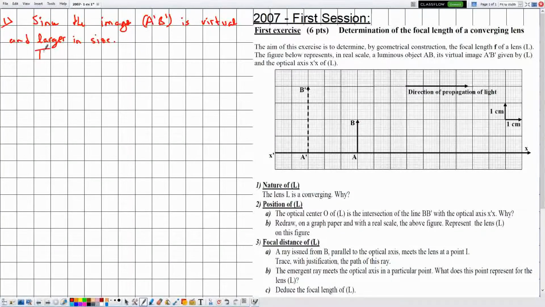Then L plays the role of a magnifier, and we know that only a converging lens can play the role of a magnifier, which means it is a converging lens.